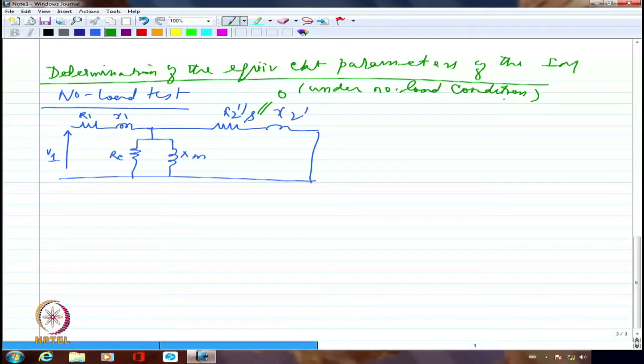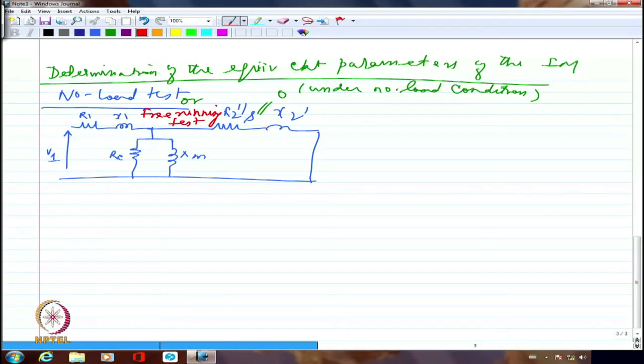If R2 by S is infinity, it is as good as open circuiting the rotor. So no load condition almost mimics the situation of open circuit condition of a transformer in the case of an induction motor. So that is the reason why we conduct normally no load test, or we also call it as free running test.